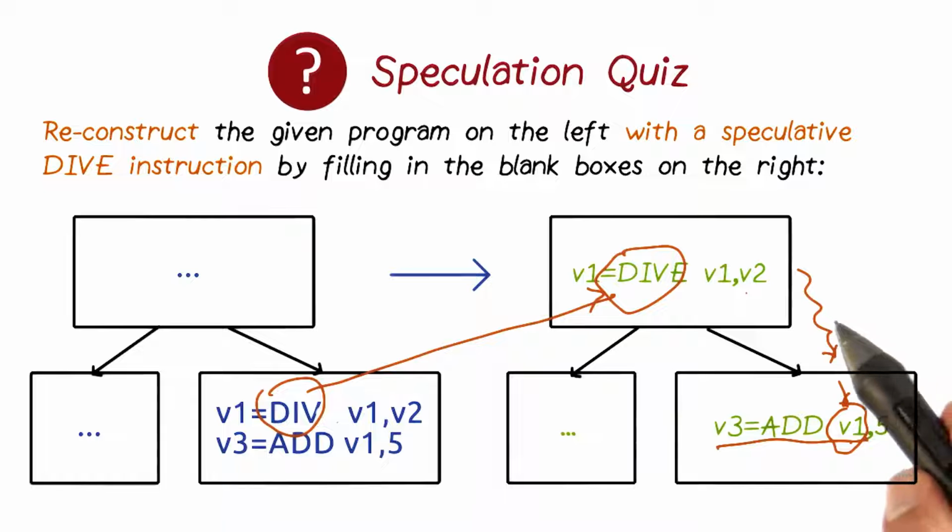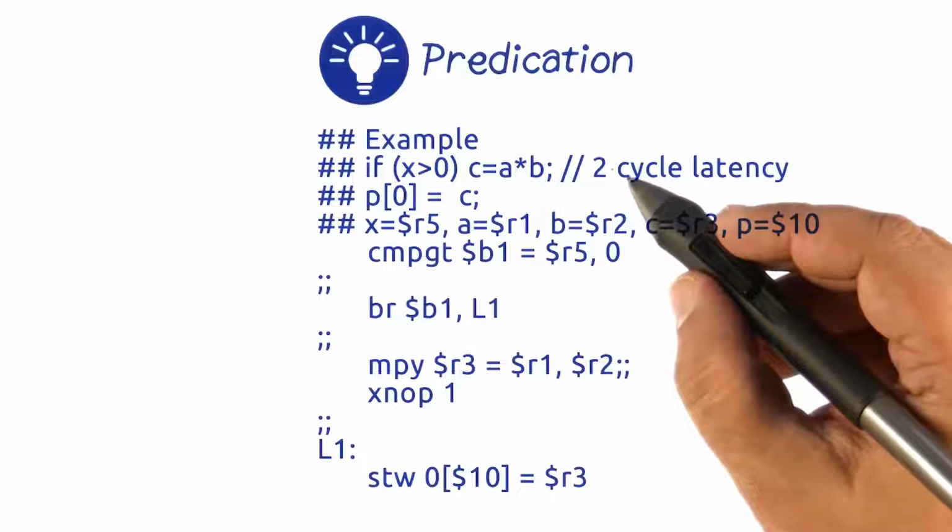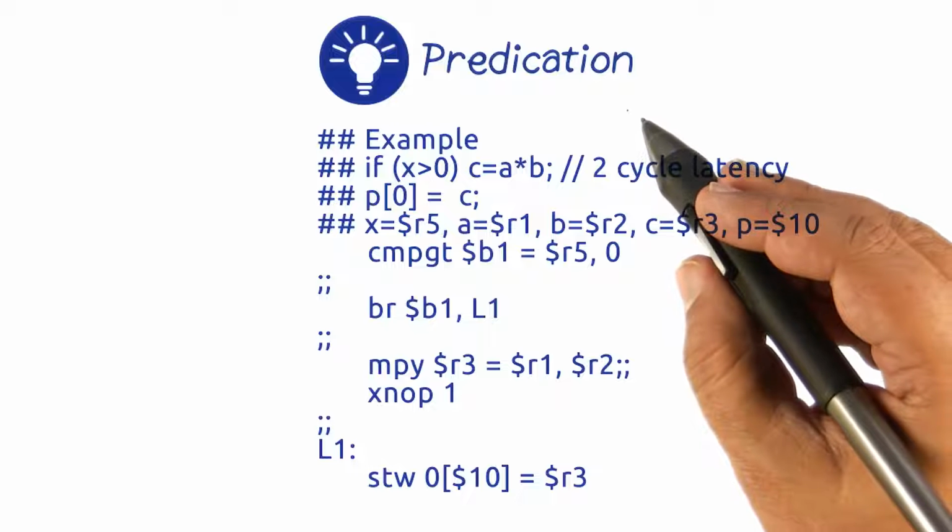What we may have to do is, of course, take further actions of propagating this exception and maybe halting the program and so on, but that is in the realm of operating systems. We just want to make sure that all the instructions are discarded and no bad results are put into the memory.